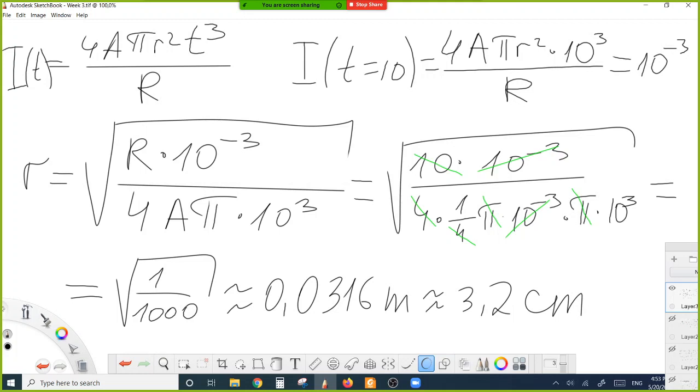Okay, the radius of the loop we found is 3.2 centimeters.